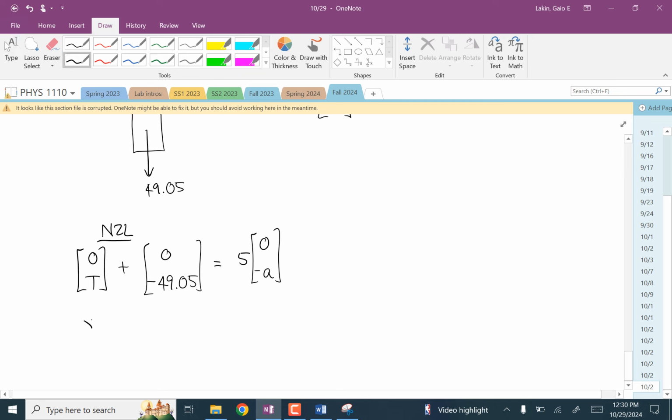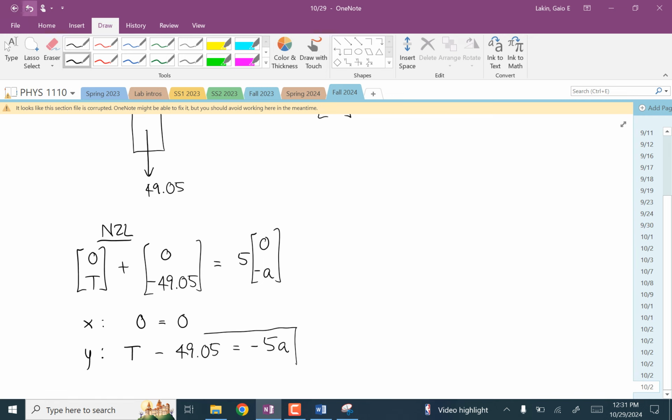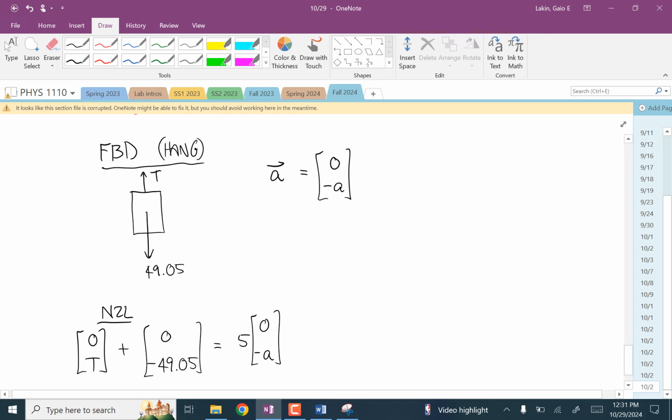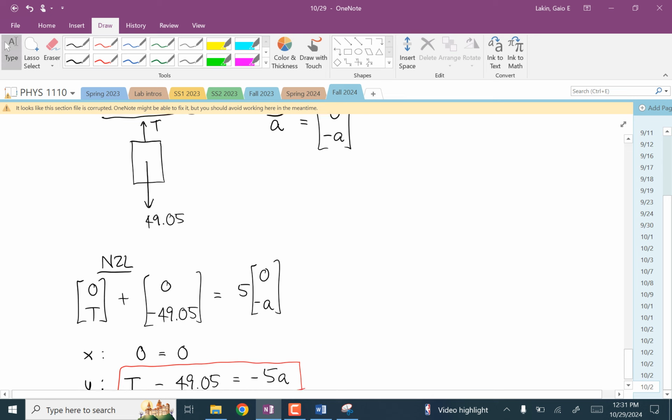And so the x equation says 0 equals 0. The y equation says T minus 49.05 is equal to negative 5a. And now we're just solving that system of two boxed equations.